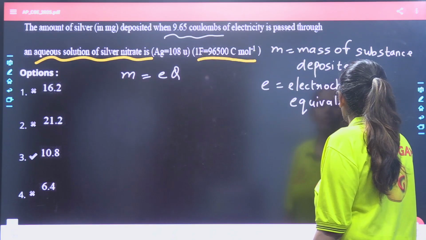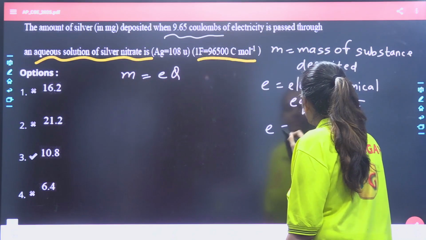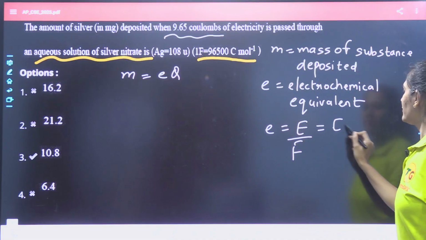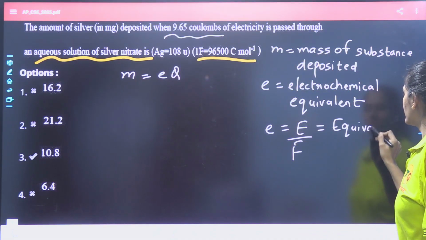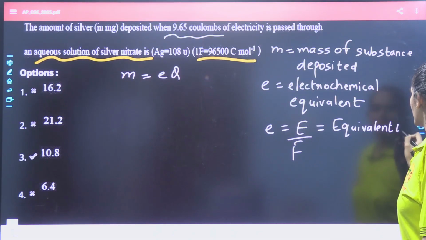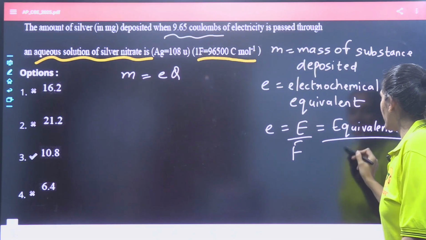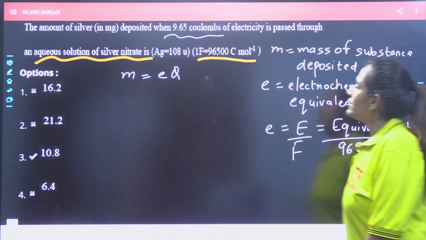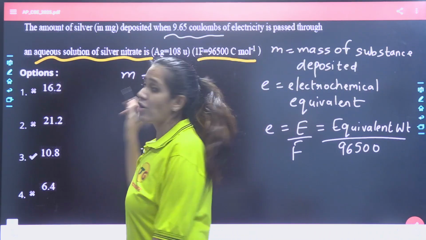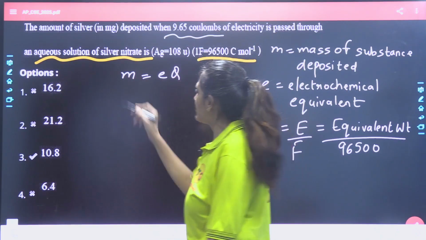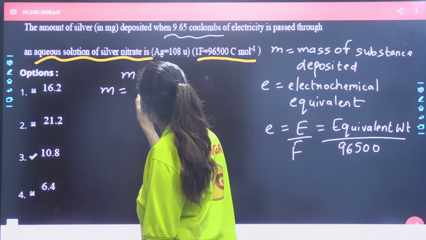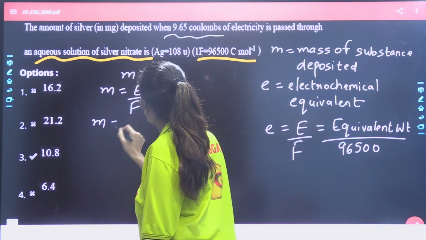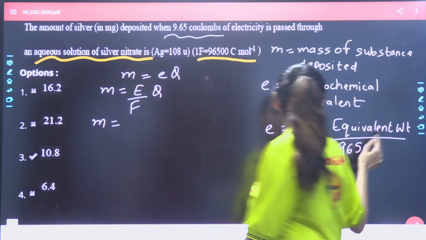So we know its formula. Z is equal to E upon F, where E is the equivalent weight and F is our Faraday constant, that is 96500. Because we are not given the electrochemical equivalent, we form the formula as E upon F into Q. Now E is our equivalent weight.